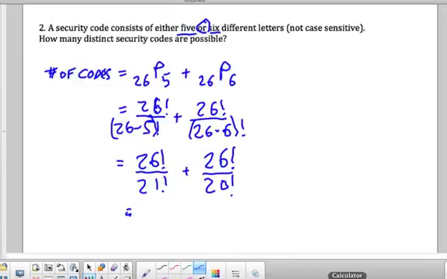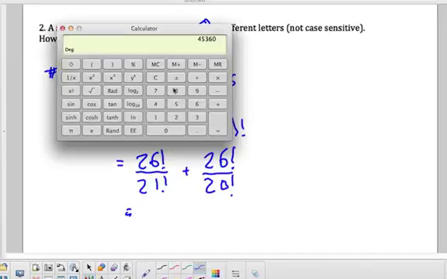And when you use your calculator, this is going to be 26 factorial divided by 21 factorial, and that's 7,893,600 ways we could have 5-letter codes for the security code. Plus, if we choose 6 letters, then it's going to be 26 factorial divided by 20 factorial.